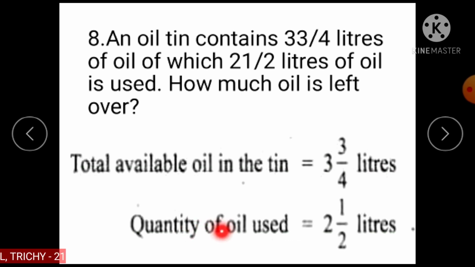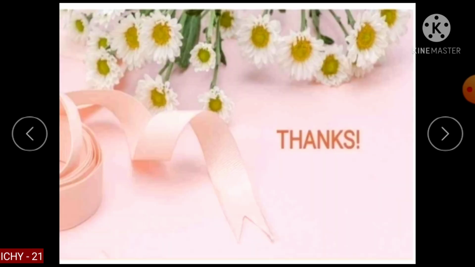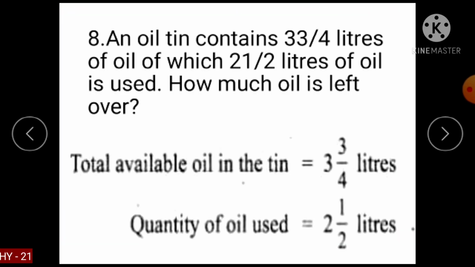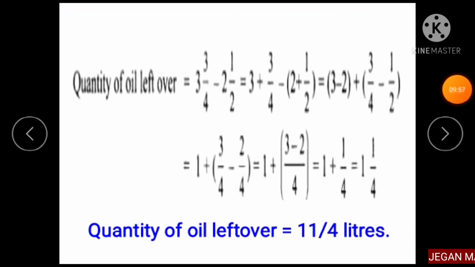Quantity of oil used equal to 1 by 2 liters. So quantity of oil left over equal to 3 by 4 minus 1 by 2.